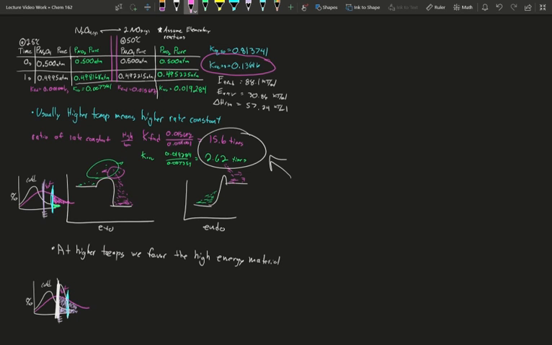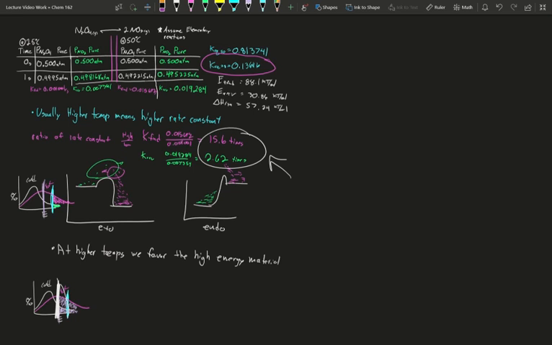Given that this is an endothermic reaction, at lower temps, we see a smaller K, we have less products, while our starting material in an endothermic reaction is the lower energy. And so at lower temps, we expect to go to the lower energy material. At higher temp, we expect to go to the higher energy material, which is our product, which means our K value should be larger as we have more product than we did at the colder temp.